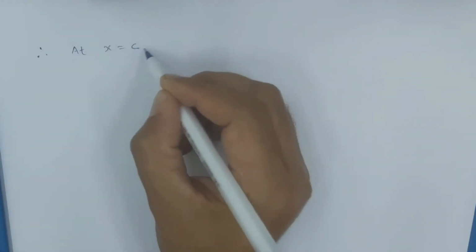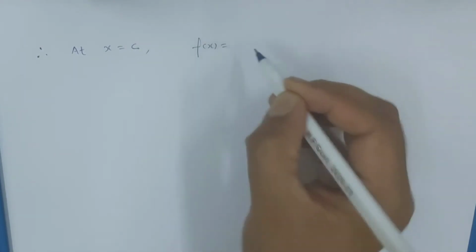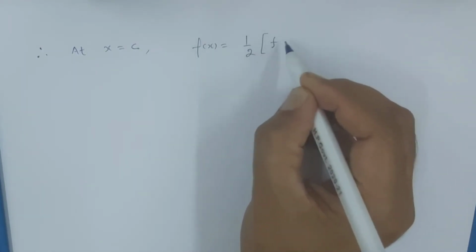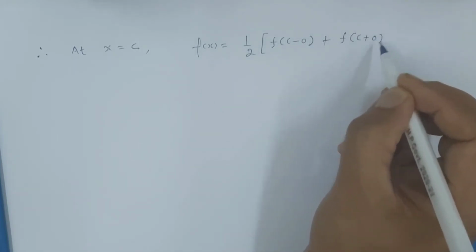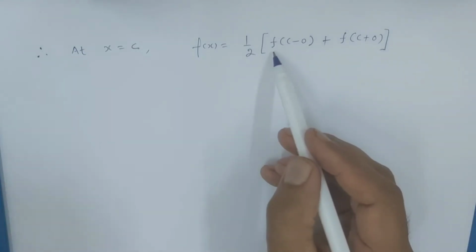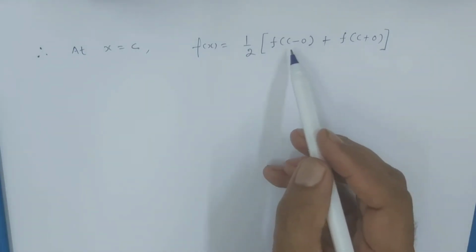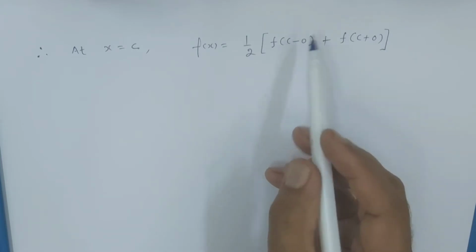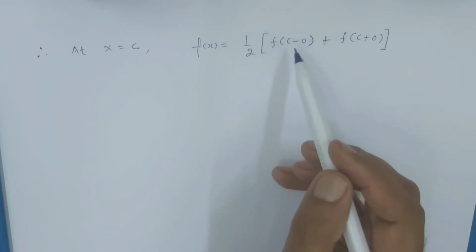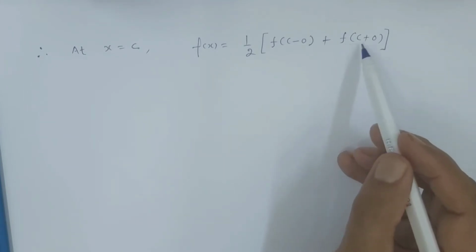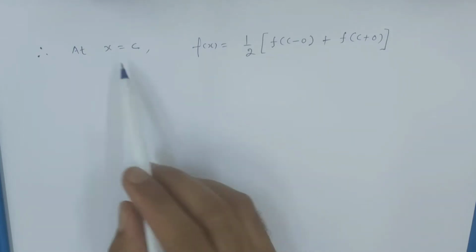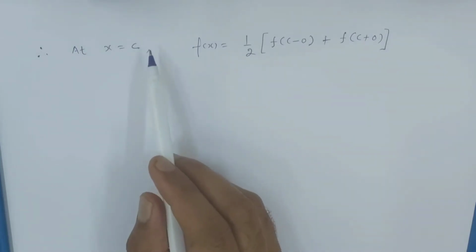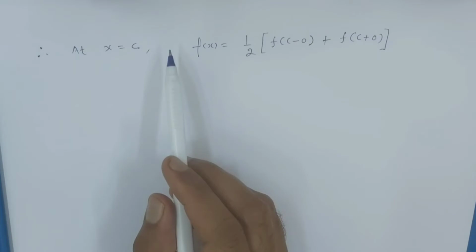Therefore, at x equal to c, f of x may be written as 1/2 of f of c minus 0 plus f of c plus 0, because the function at c minus 0 means left-handed limit, which becomes distinct from f of c plus 0. At a point of finite discontinuity at x equal to c, there is a finite jump in the graph of the function.